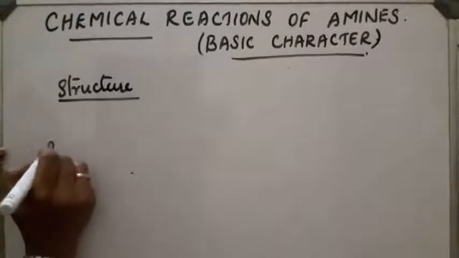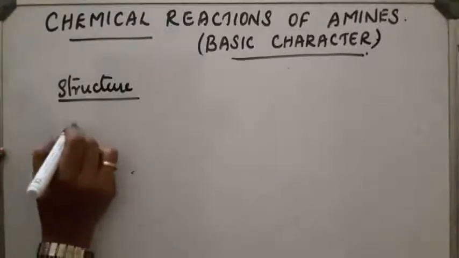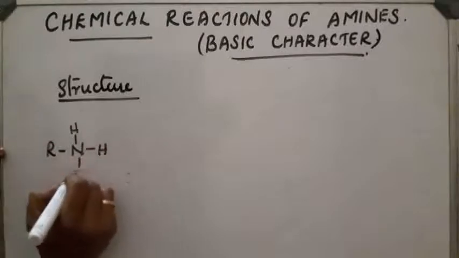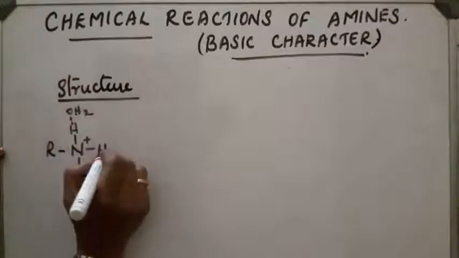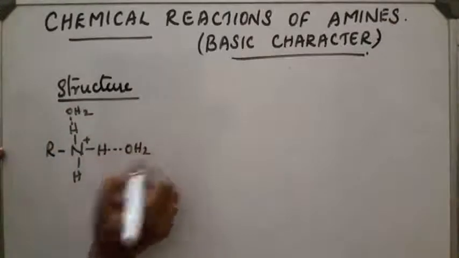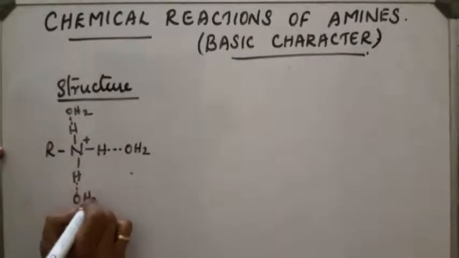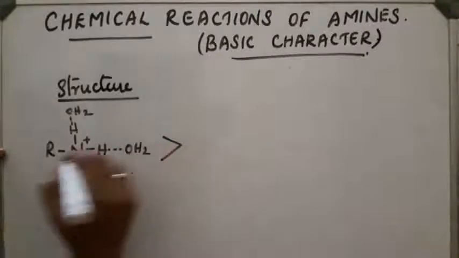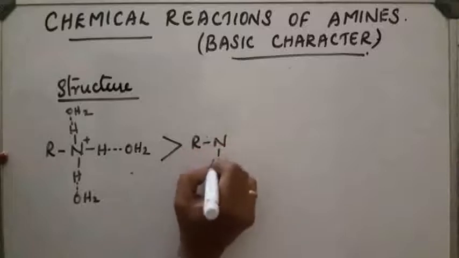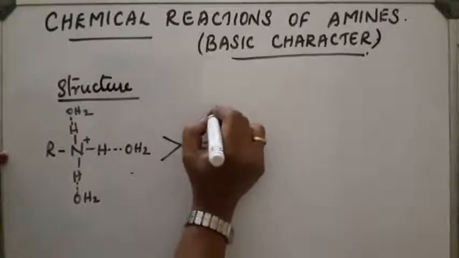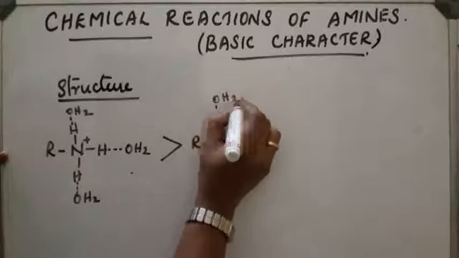First, in the case of primary amine, it can be solvated with 3 molecules of water. So solvation is greater in the case of primary amines. Compared to primary, solvation is less in secondary amines.